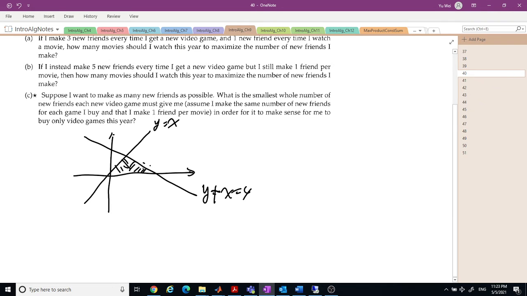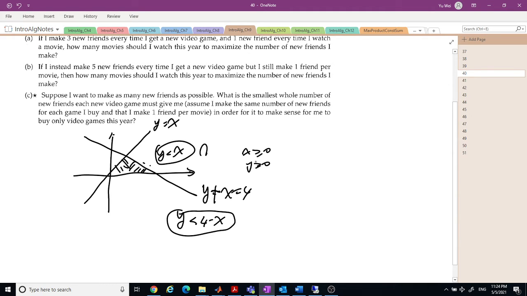This area is y less than 4 minus x, and this area is y also less than x. And also we need x greater than or equal to 0, y greater than or equal to 0. Okay, so all these conditions combined give this region, right?